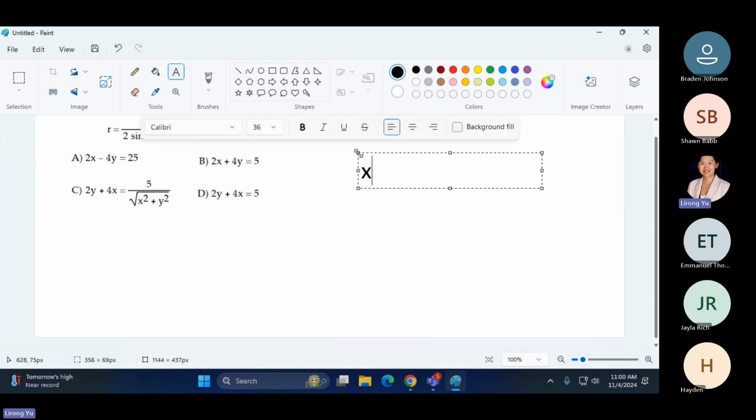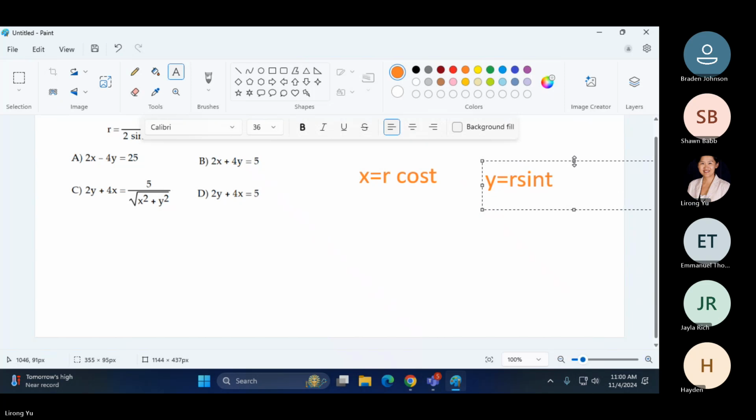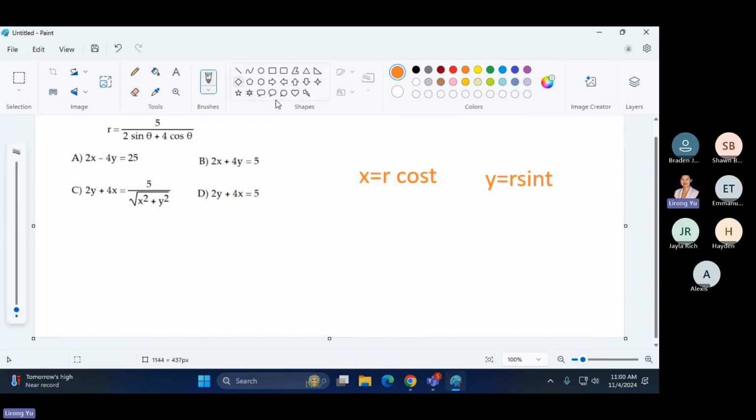One says x is equal to r times cosine theta, and then y is equal to r times sine theta. I said theta on the keyboard, so let's try to draw the letter theta, big letter theta. So that's how you convert from r times cosine to x, from r times sine to y.